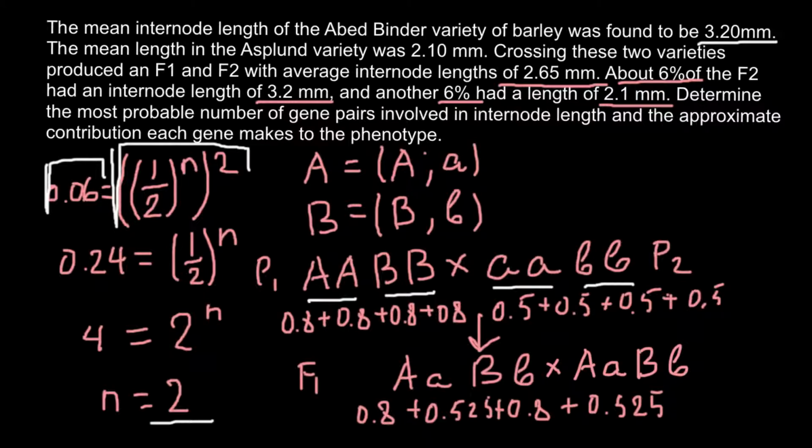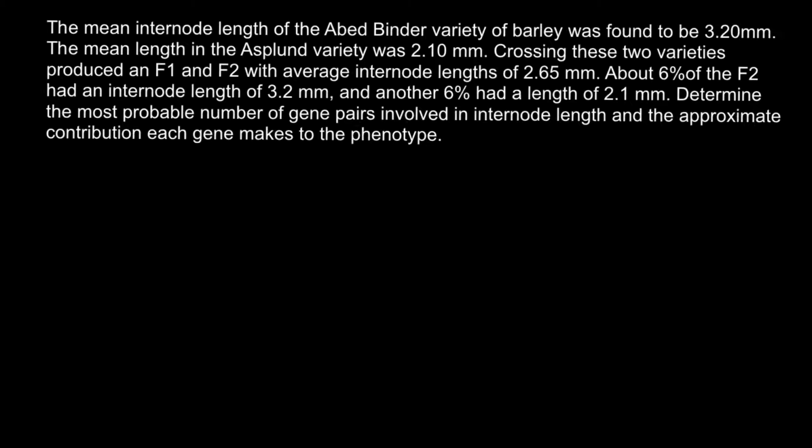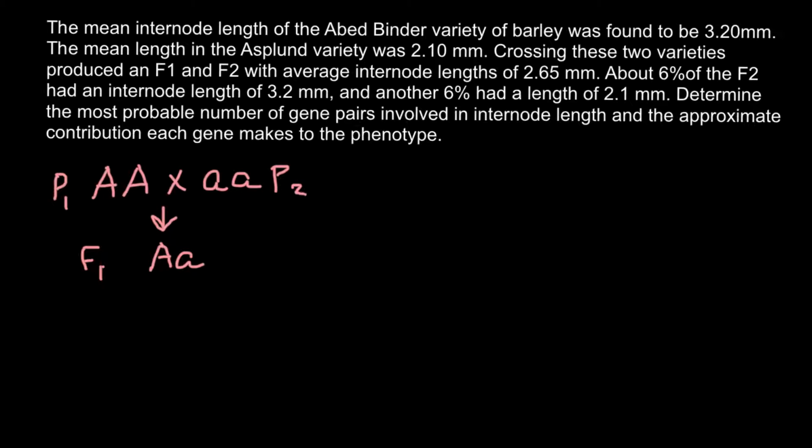For example, if the trait were under the control of one gene with two variants of alleles, and parent 1 was capital A, parent 2 was small a, the F1 generation would be capital A, small a. So basically what we would have in the F1 generation would be only this genotype, intermediate between parent 1 and parent 2.